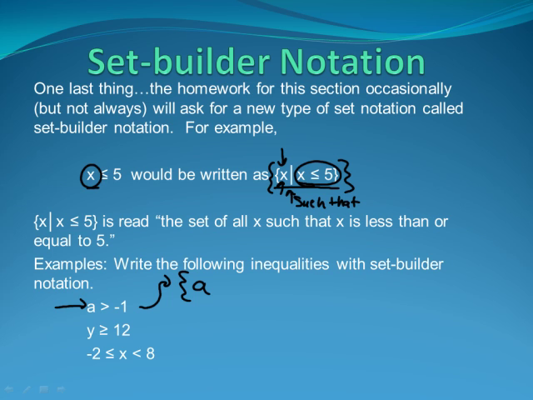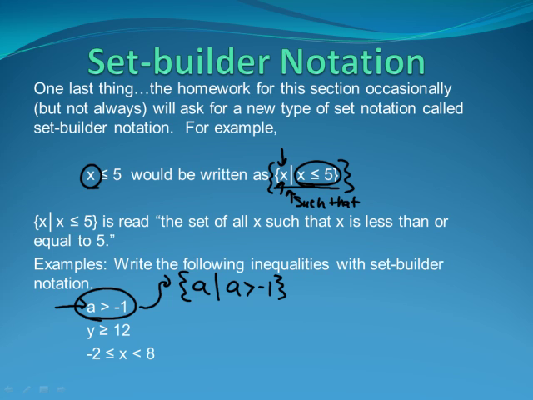So we've got the set of all a values such that, and then you will write the restrictions, which is simply the inequality here. a has to be greater than -1, and then that will also be enclosed in the right-hand side of those same brackets. So it's really very simple. It's just adding a little bit of notation.